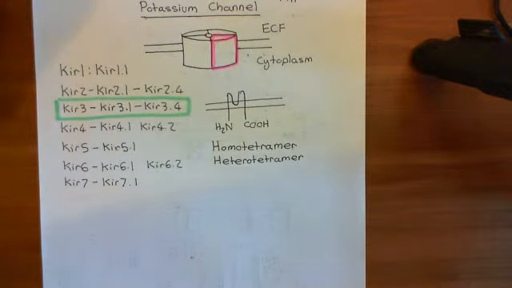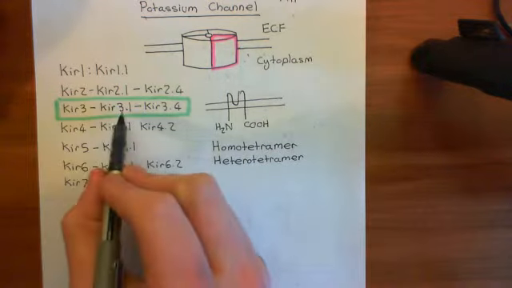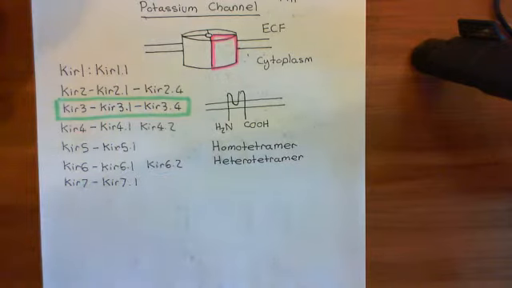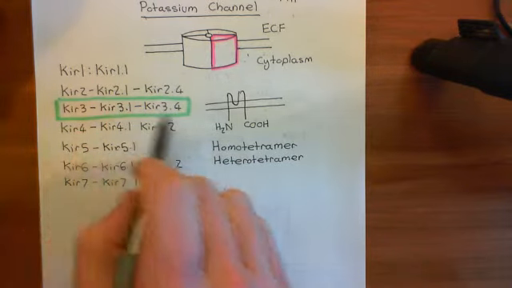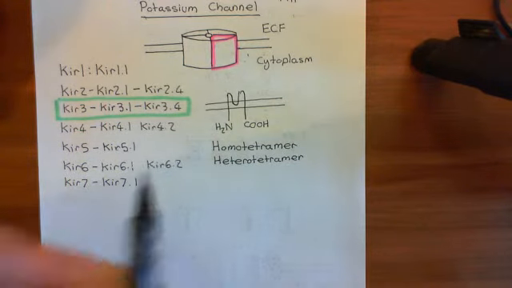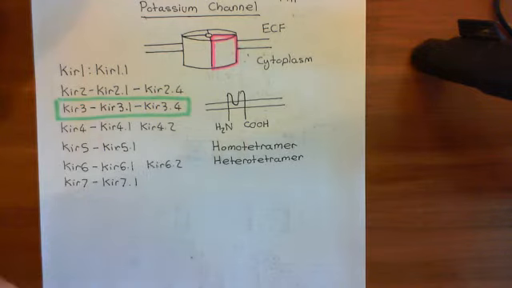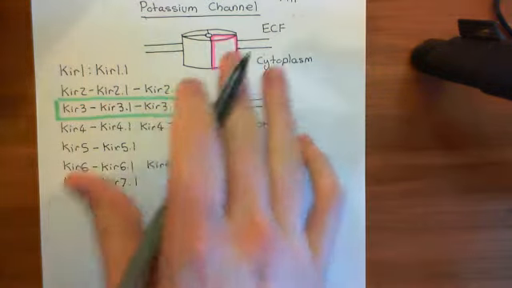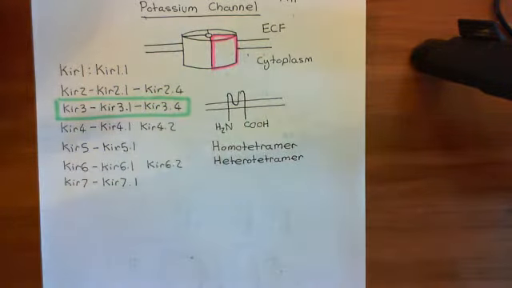The next question you might have is, what's the stoichiometry of them? I.e., do I have one KIR3.1 and 3 KIR3.4s, or do I have two of both of them? And then once I've decided on how many of each I'm having, how do I decide how to orient them relative to one another? Those sort of questions are not known, basically. We don't know what the stoichiometries of the heterotetramers are generally. We don't know what the orientation of them are.